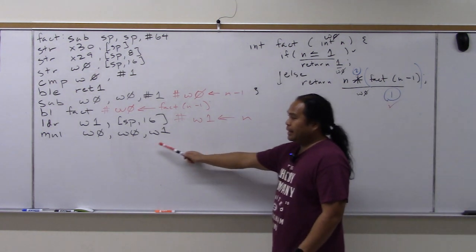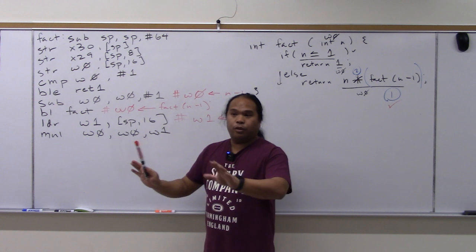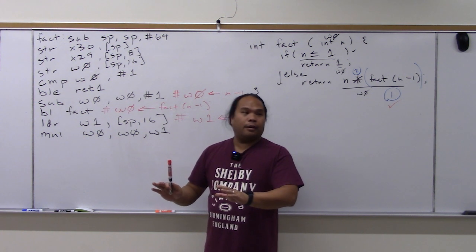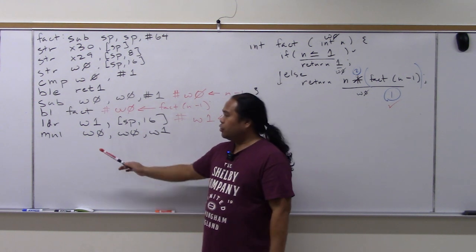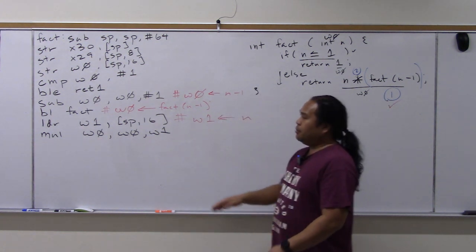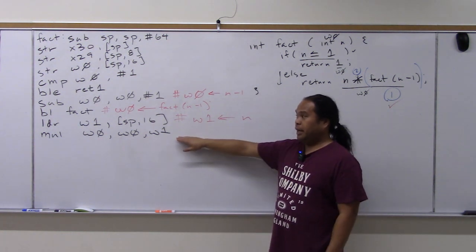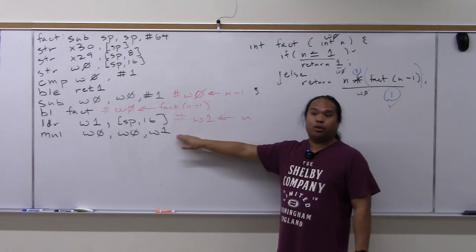So by doing this, I don't need to move the result anywhere anymore, because the result should be in W0. So if we're all good, basically, that's literally the end of that recursive call.